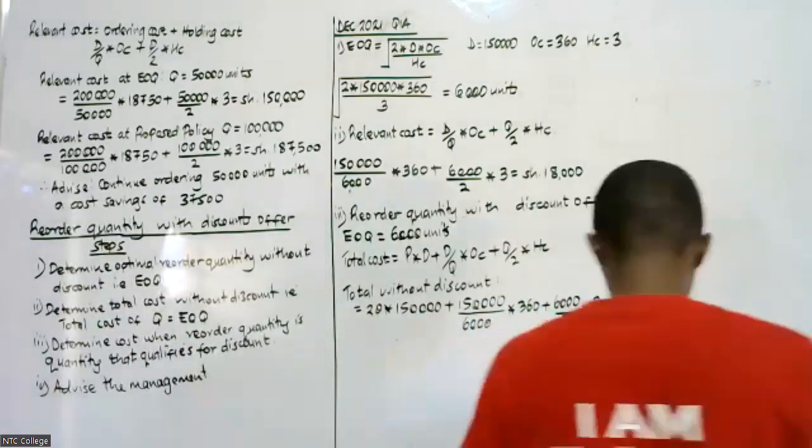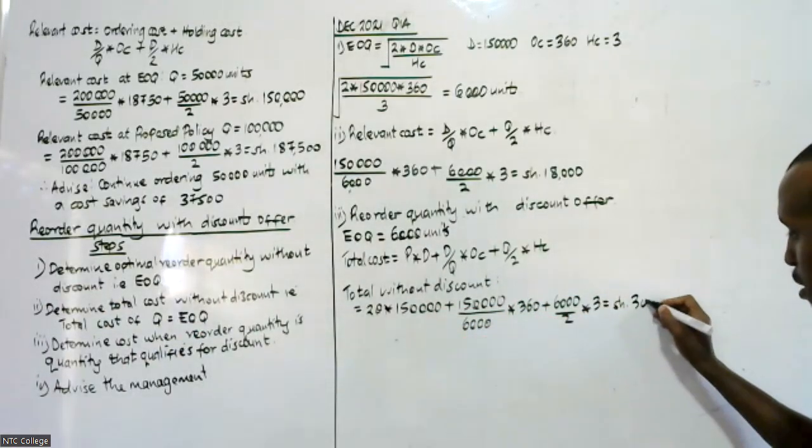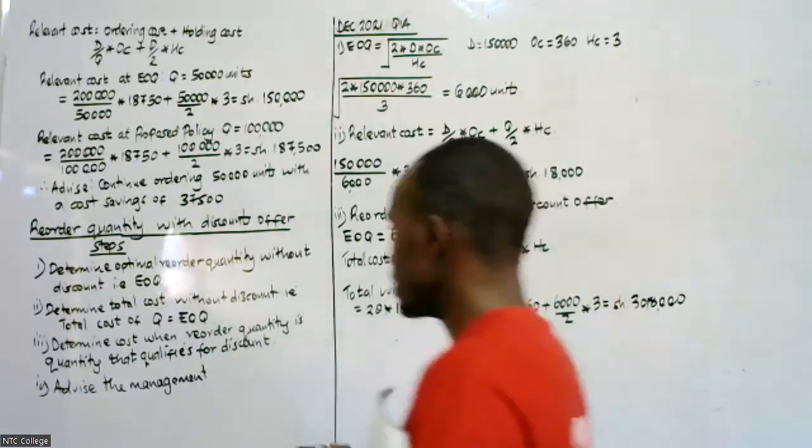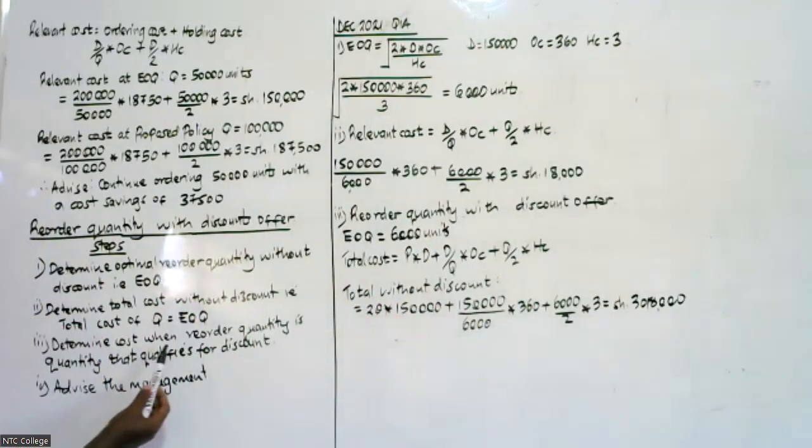So this I want to believe is 38,000 18,000.